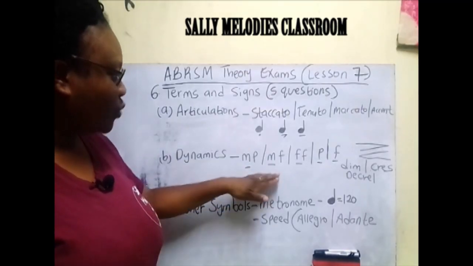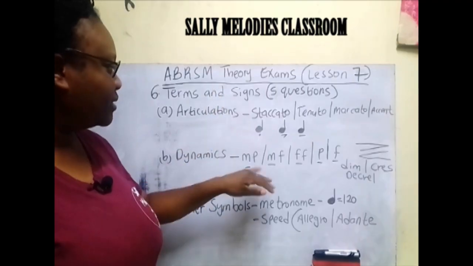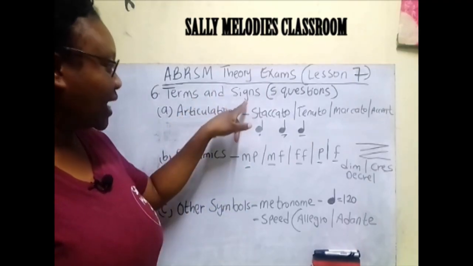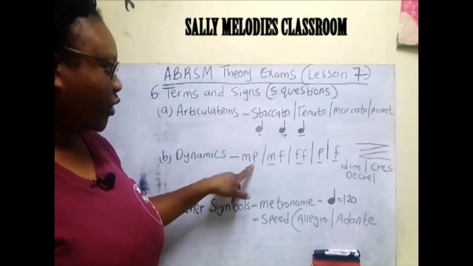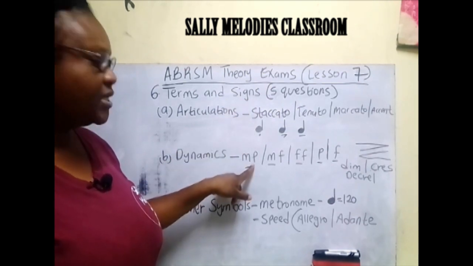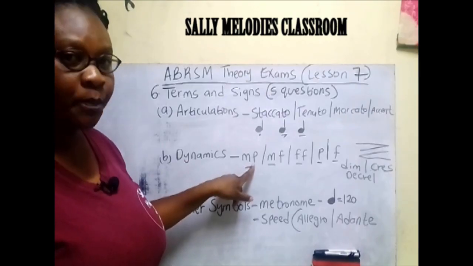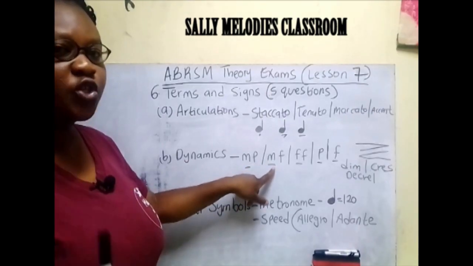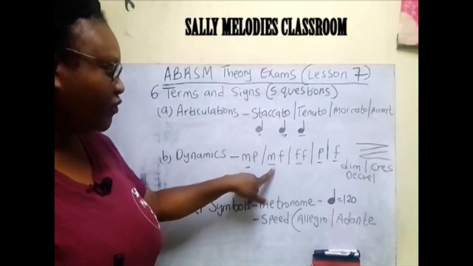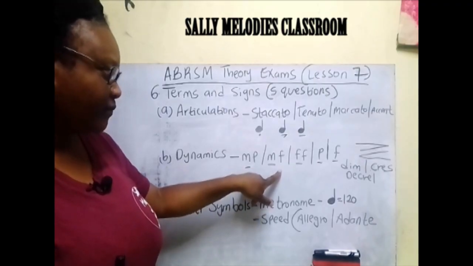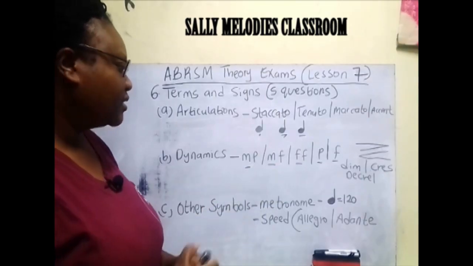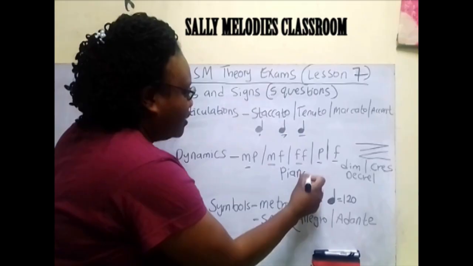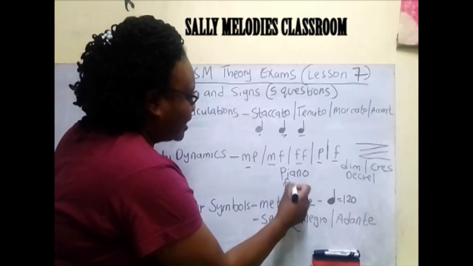So this one can also come in terms of terms or signs. When you see MP, it is the short form of mezzo piano. When you see MF, it is the short form of mezzo forte. Sometimes it can come as a word, piano, or it can come as forte.